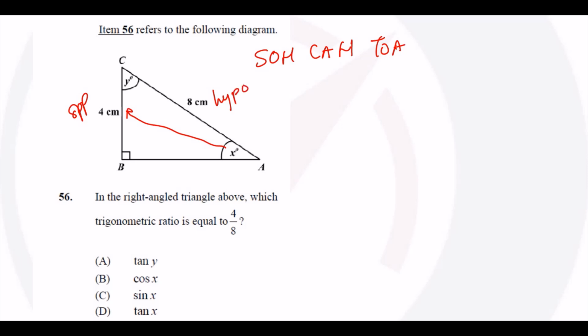So which one has the opposite over the hypotenuse? That's going to give us sine. So sine x is the opposite, which is 4, over the hypotenuse 8. So our answer is C.